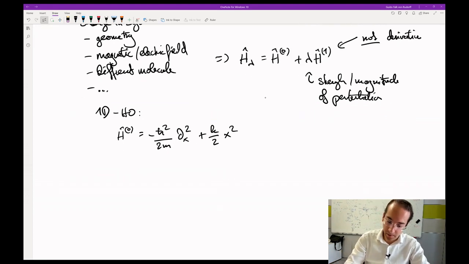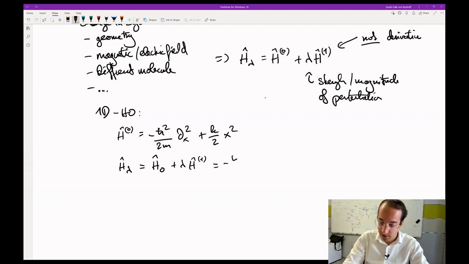And then you could say, what if my new Hamiltonian is this reference part plus some linear change that I add?